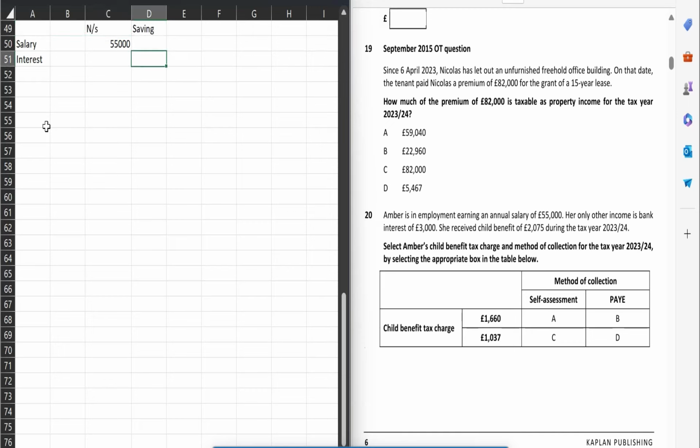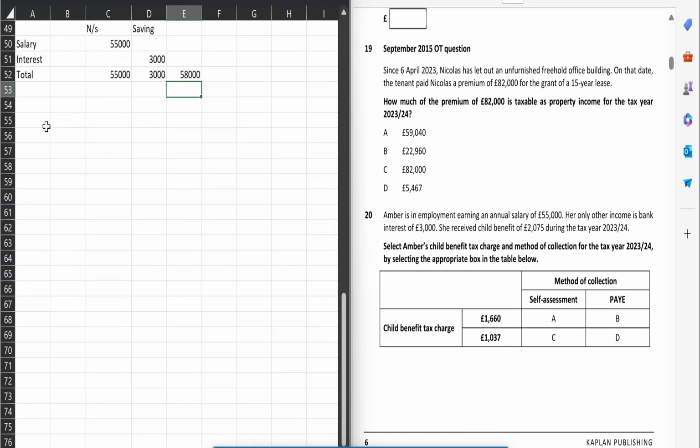Interest income is 3,000. For calculating the child benefit tax charge, you first have to know what your adjusted net income is. And how do we get that adjusted net income? First of all, we need to find out our total income, which in our case is 58,000.